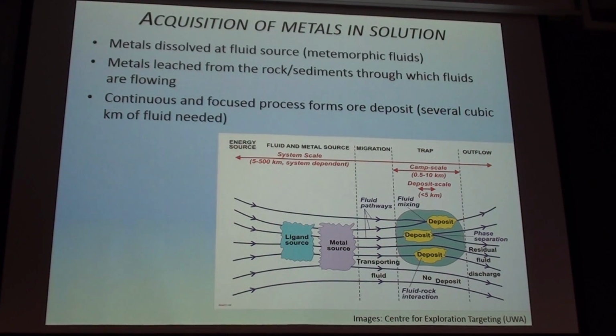However, water movement is not sufficient by itself. In order to form more deposits, the water has to pick up some ligand source. If you remember, a lot of metals are more soluble in hydrothermal solution if you have some kind of complex. So we need a ligand source, we need a metal source, and once we have the two, the fluids can migrate and deposit.